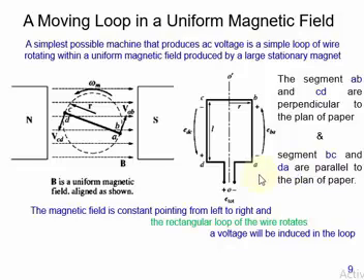Now you can see the segments AB and CD are perpendicular to the plane of the paper, and segments BC and DA are parallel to the plane of the paper.